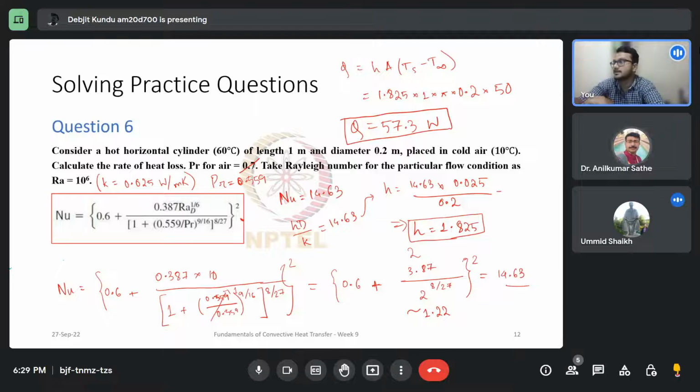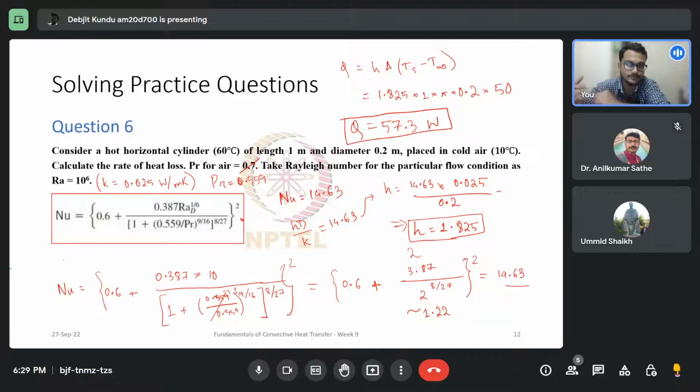In general, not only this problem, in any problem, you'll have to identify the nature of the problem, and there are multiple correlations available for different cases. So identification of which case to use is important. Then we need to calculate the relevant dimensionless numbers, which could be Rayleigh number, Prandtl number, and Grashof number also appears in certain cases. Using those, we can find the Nusselt number.